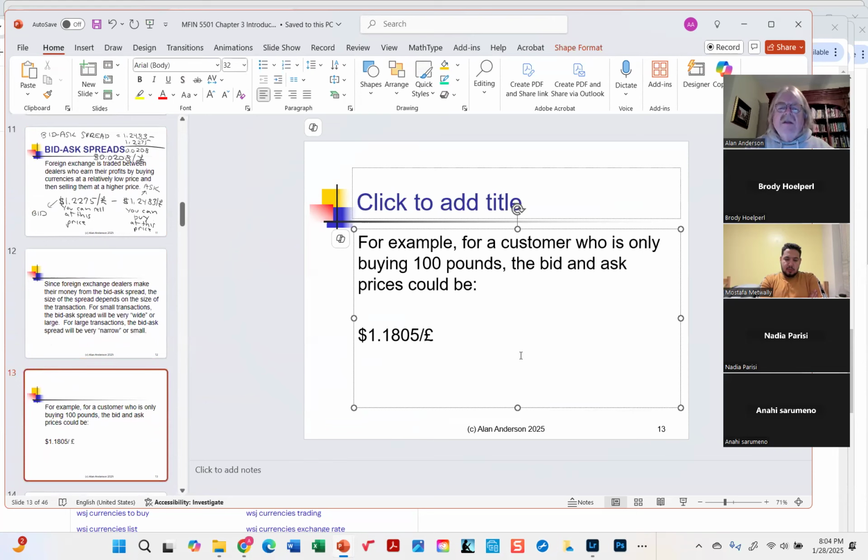So in other words, it's going to be quite a bit different. You're looking at quite a significant gap here. In this case, the bid-ask spread is about 21 cents per pound.